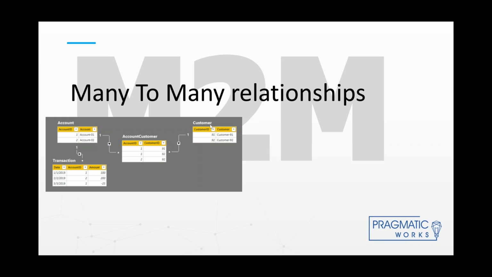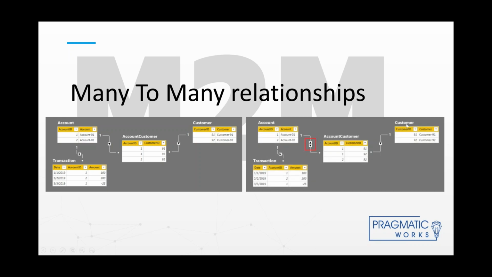So if I were to select an account, I'm not going to see the customers associated with that account unless I make it a bidirectional filter like this. Okay, so in this case, it's customer to account. I'm going to select a customer. I want to see the associated accounts. That has to be a bidirectional filter so the filter can flow in this direction.